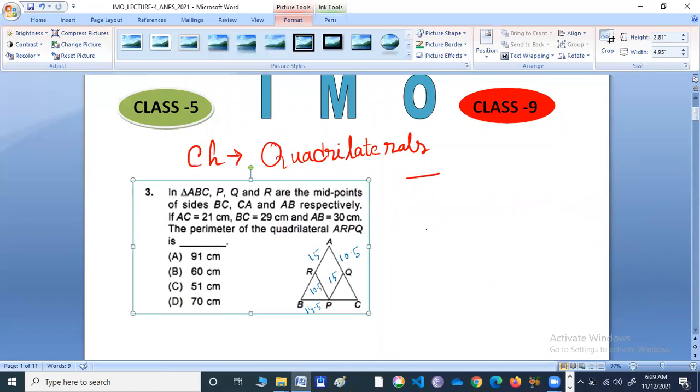So just add them. So 2 into 15 plus 2 into 10.5. So that means 30 plus 21. So therefore 51. This is the right answer. Okay, good.